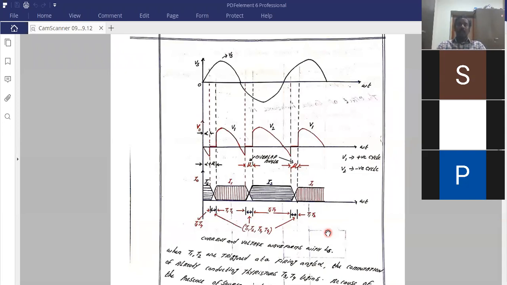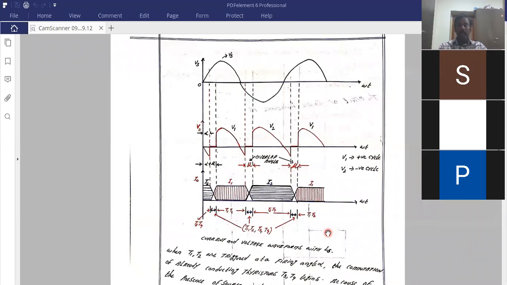Whatever doubt you get while trying this, you can simply ask me. And one thing is you need to practice the waveforms.